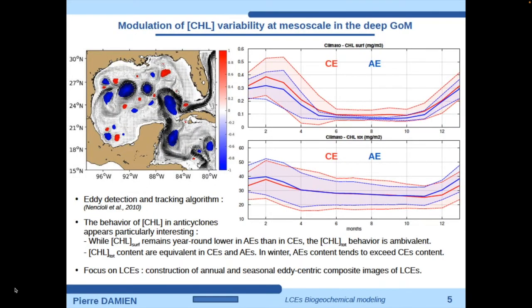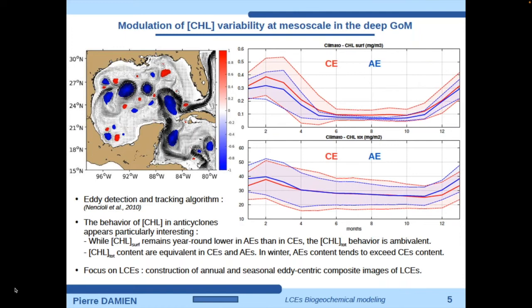I don't have much time, so just to tell you very quickly, this is again a climatology. The red ones are the cyclones, the blue lines are the anticyclones, and you are seeing again the surface chlorophyll content and the total chlorophyll content.